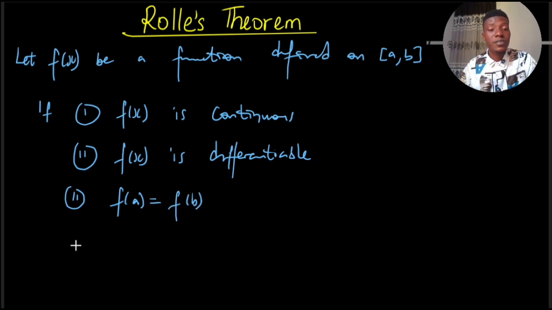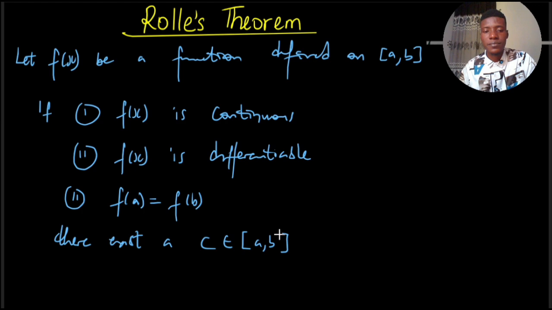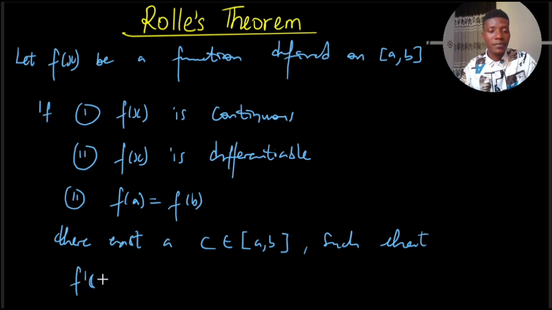So if these 3 conditions are satisfied, then there exists a c that is a member of this interval such that f prime of c equals 0.